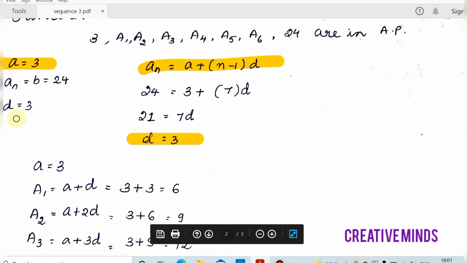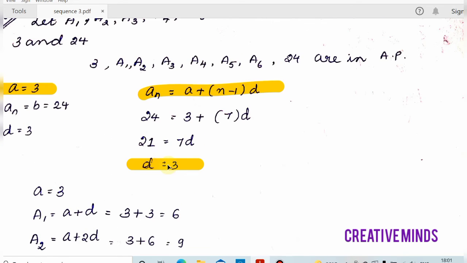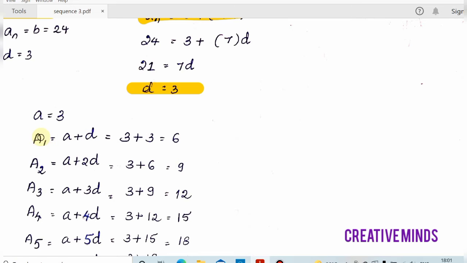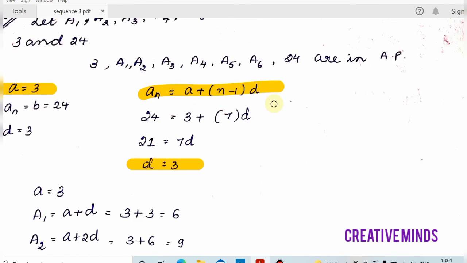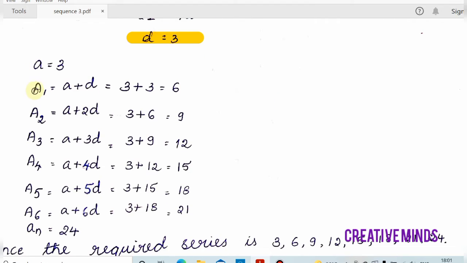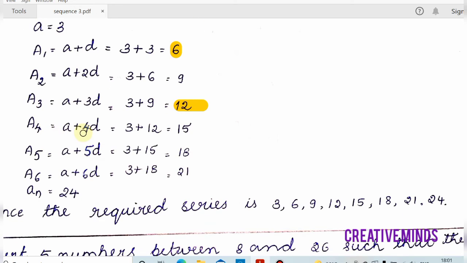So we know the value of A and we found the value of D. So easily we calculate A1, A2, A3, up to A6. A1 is equal to A plus D, that is 3 plus 3, that is equal to 6. A2 is equal to A plus 2D, that is 3 plus 6, that is equal to 9. A3 is equal to A plus 3D, that is 3 plus 9, that is equal to 12. A4 is equal to A plus 4D, equal to 3 plus 12, that is equal to 15.